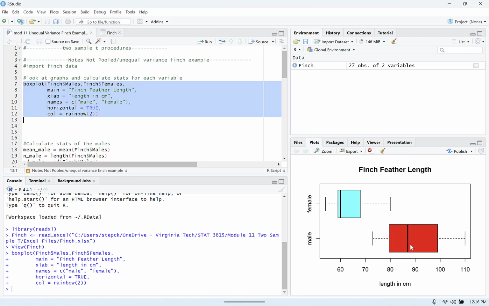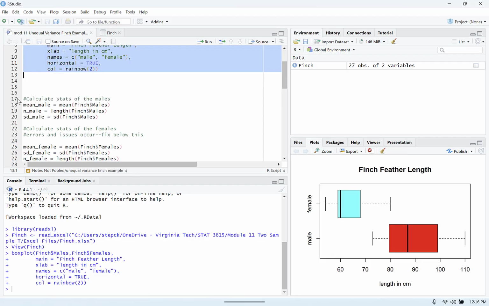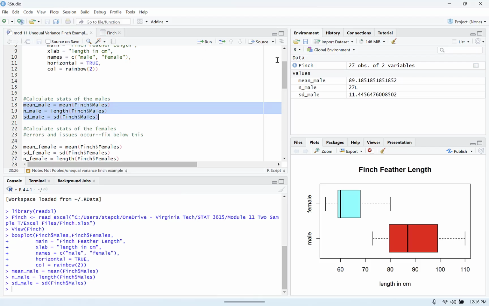So that makes me think that we're going to find that there is a difference. I'm also going to calculate my statistics. The first thing I'm going to do is look at my male statistics. So I'm going to calculate the mean, the standard deviation, and the sample size for my males.